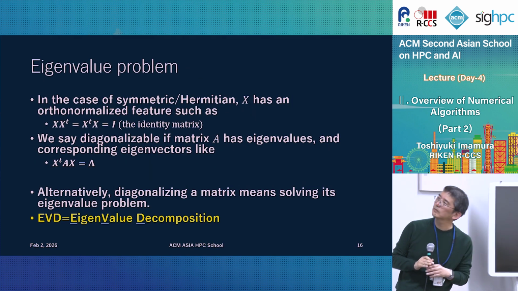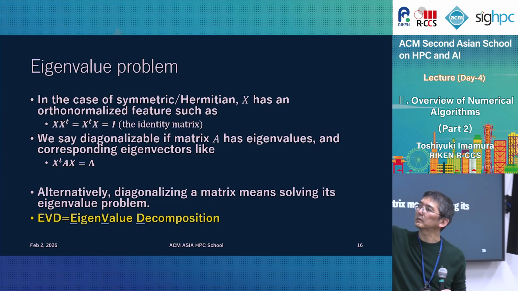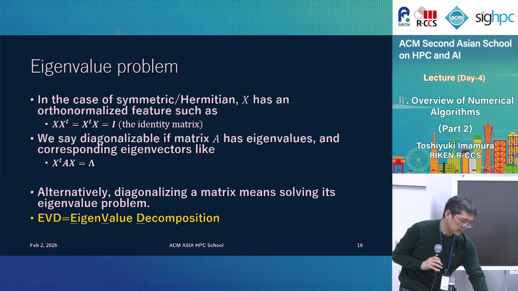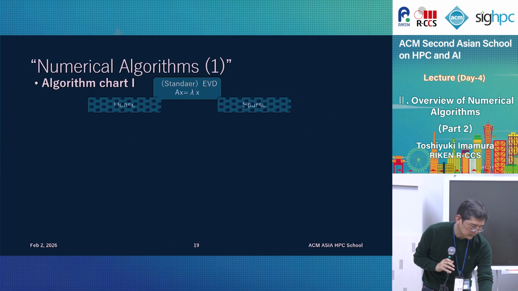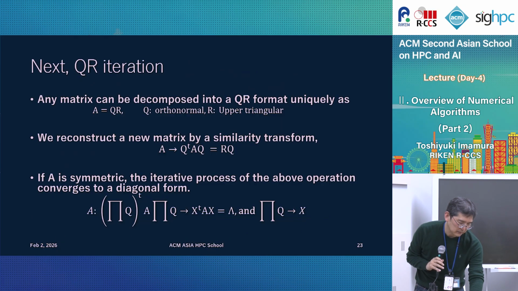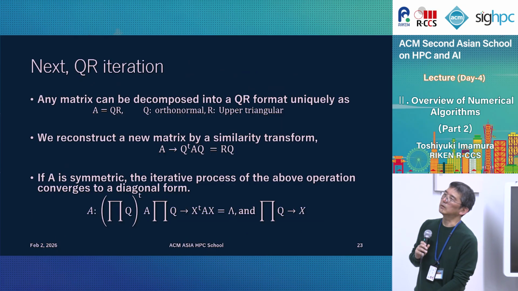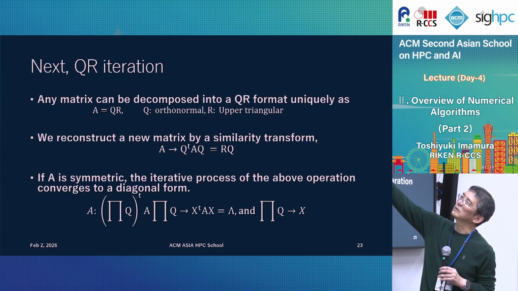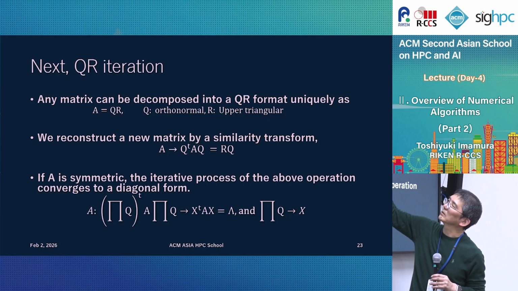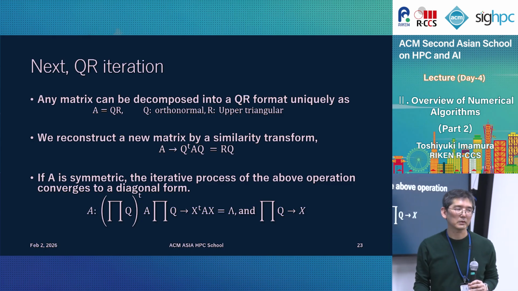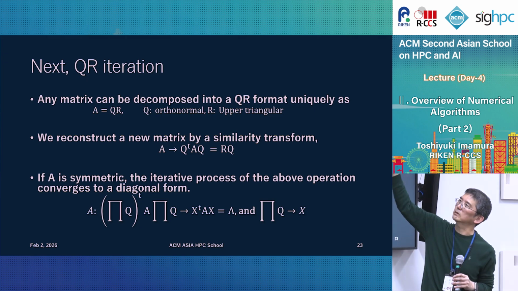Yes, here we have the same formulation. So we can use this QR iteration procedure to solve the eigenvalue computation. We only need this process to decompose the original matrix into an orthonormal and an upper triangular matrix.